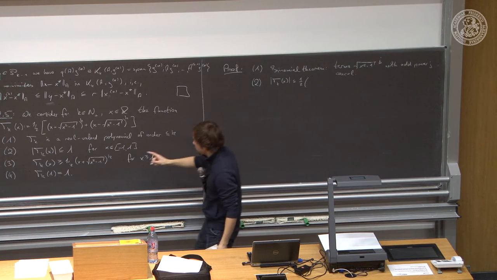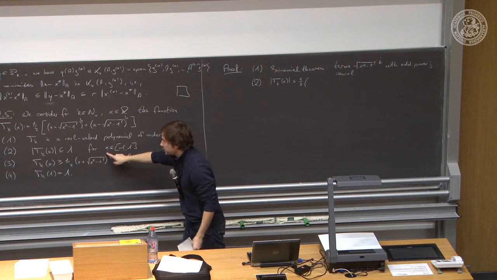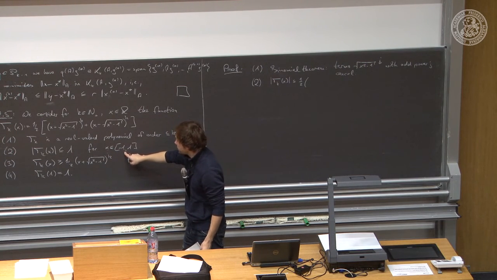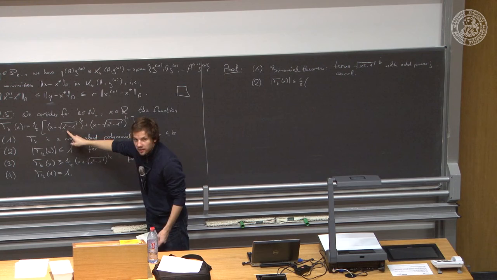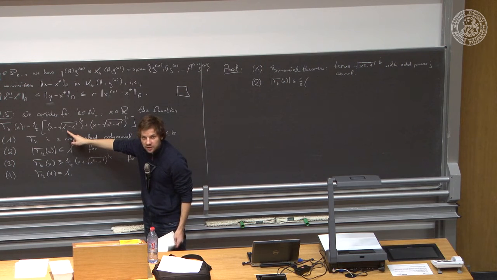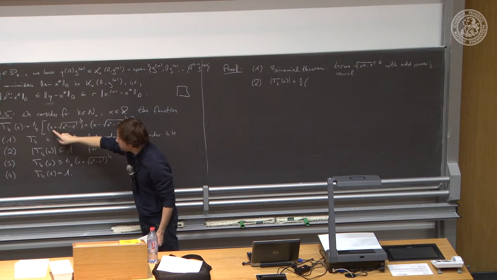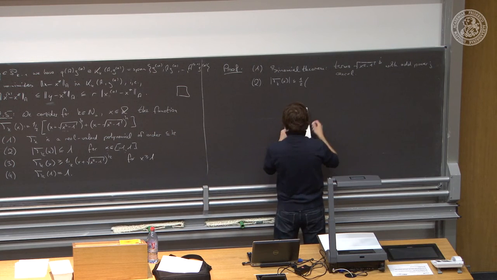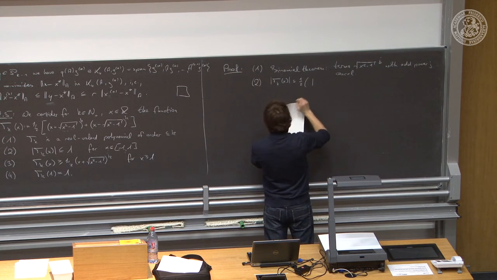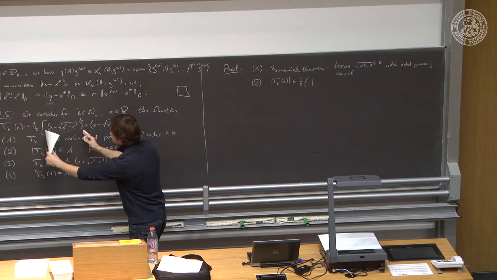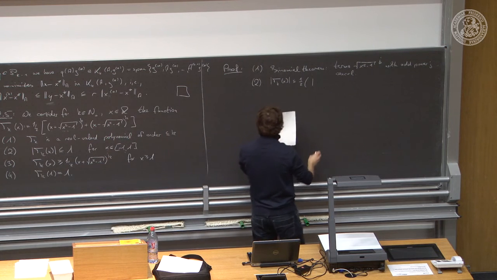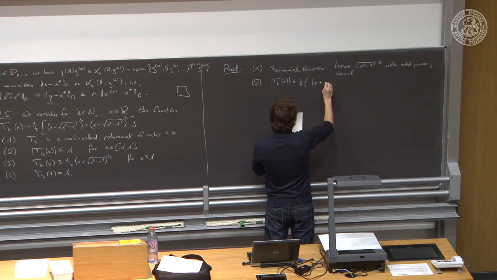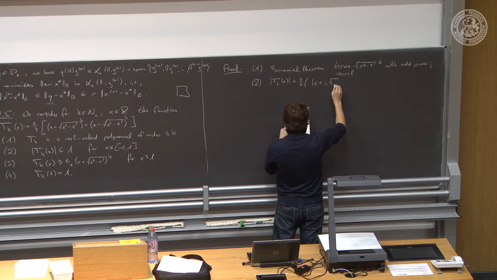And in the case that the absolute value of x is less than 1, the discriminant under the square root is negative. That means that we have here a real number, here an imaginary number. And the absolute value of that complex number is then nothing but the absolute value of x plus i times the square root of 1 minus x squared, to the power k, plus x minus i times the square root of 1 minus x squared, to the power k.